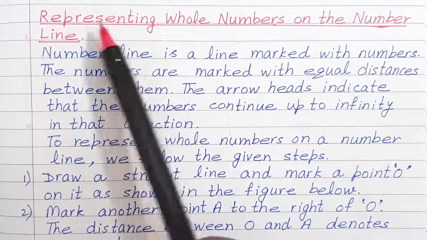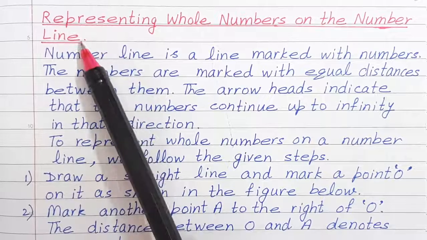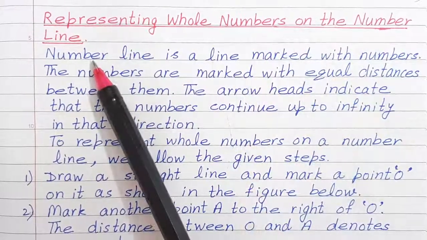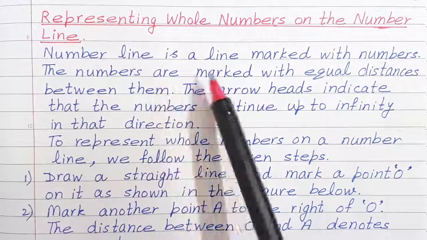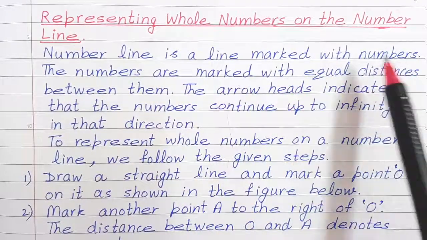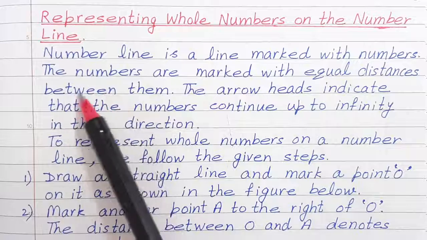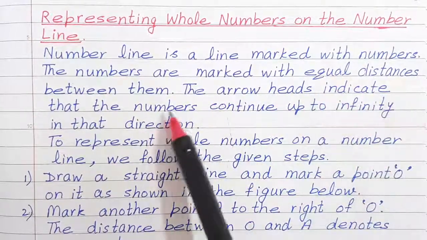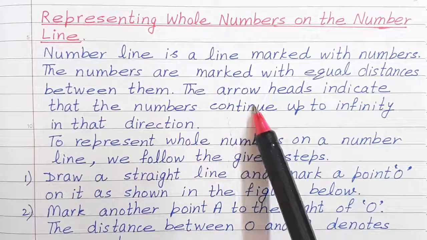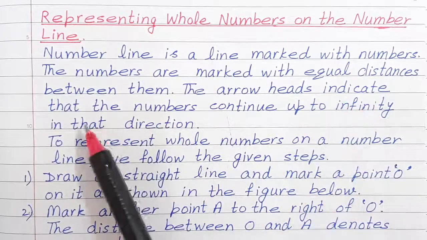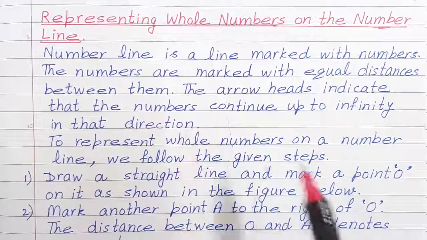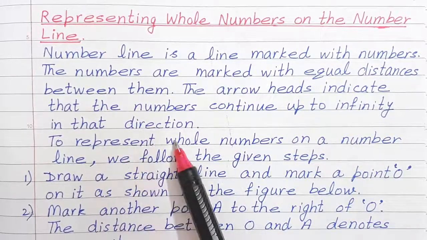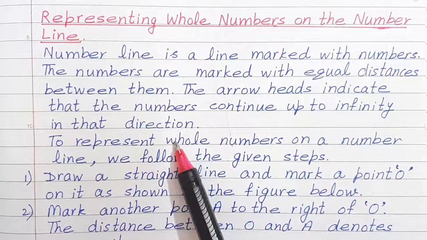Now children, let us discuss representing whole numbers on the number line. Number line is a line marked with numbers. The numbers are marked with equal distance between them. The arrowheads indicate that the numbers continue up to infinity in that direction, right?